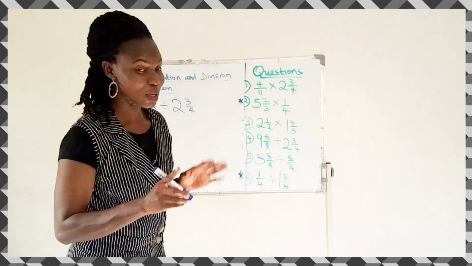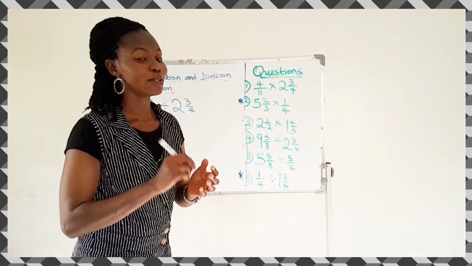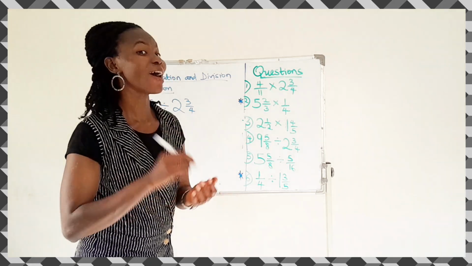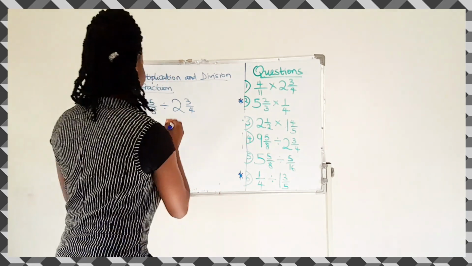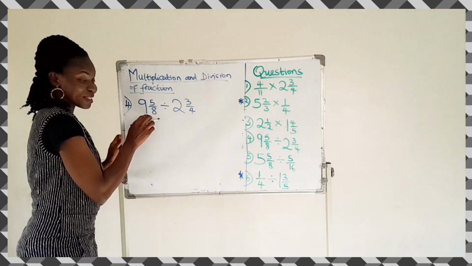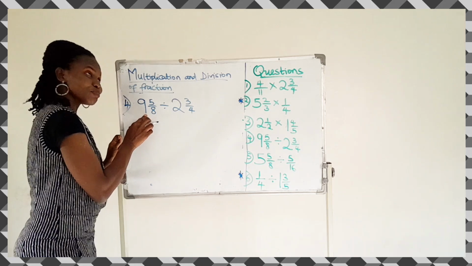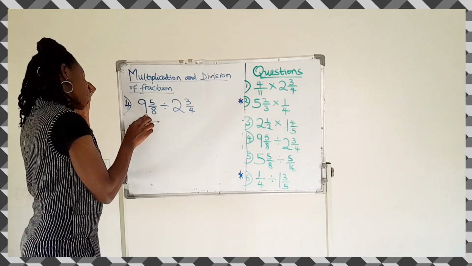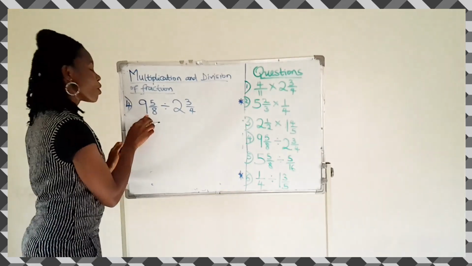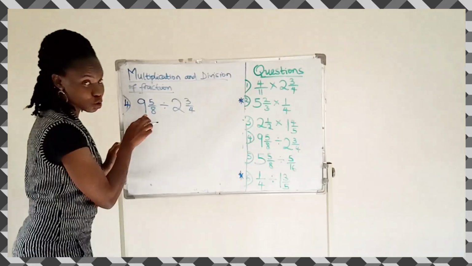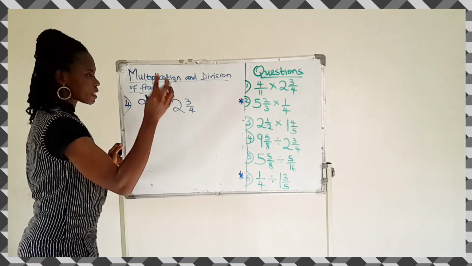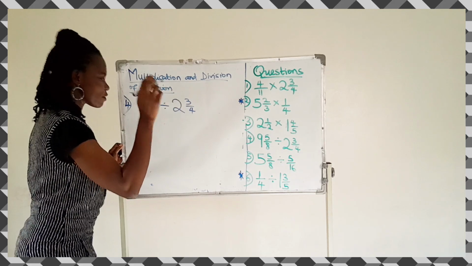First of all, anything you're multiplying or dividing, make sure you change the fractions to improper fractions if they are mixed fractions. So I will change it to improper fraction. How do we change? We do 8 times 9. 8 times 8 is 64 plus another 8, 72. 72 plus 5 is 77.